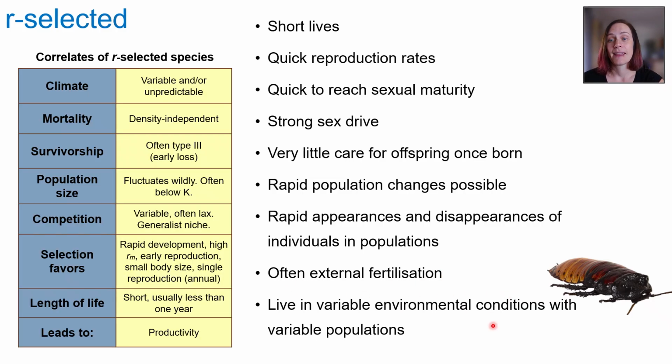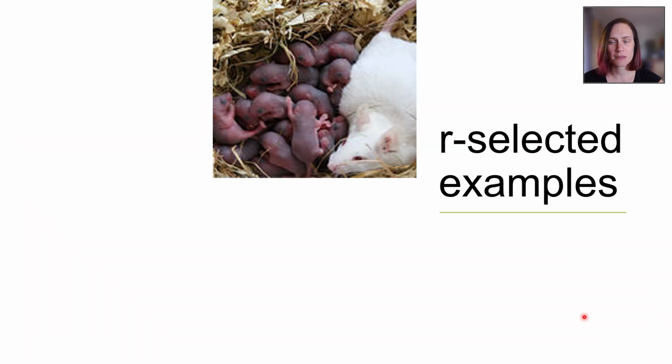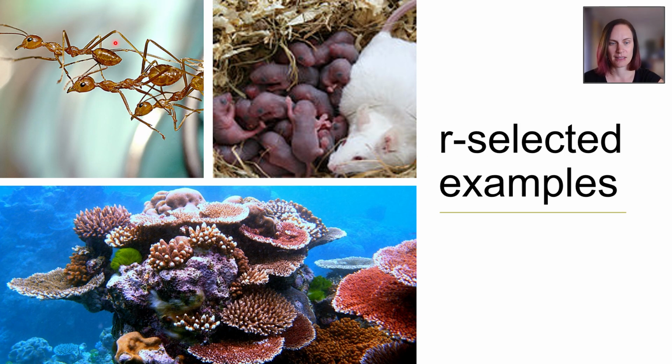So it might be that they're laying eggs, and another organism is just, please come and fertilize this, and then the young will figure it out themselves. But they're not hanging around to look after their young, okay? These species have a high capacity for population increase, so they're going to grow fast. Some really good R-selected examples are rats, ants, insects and even corals.